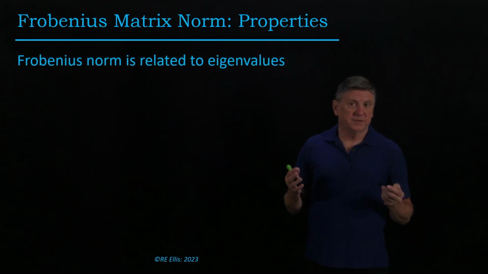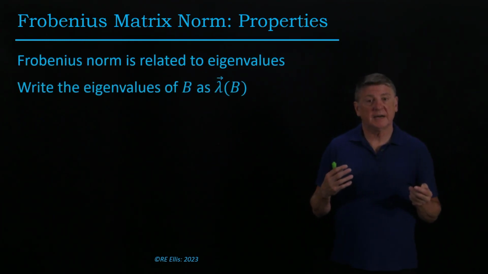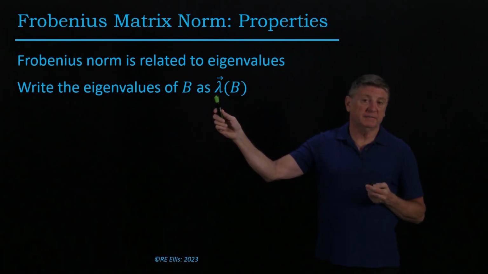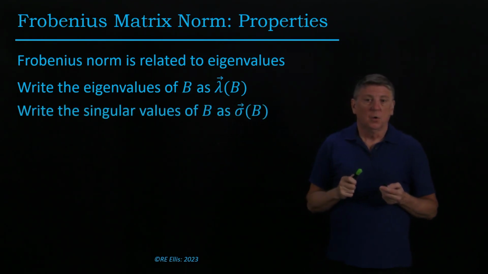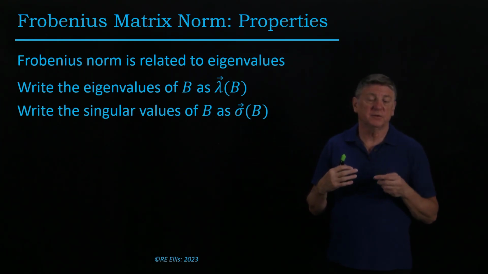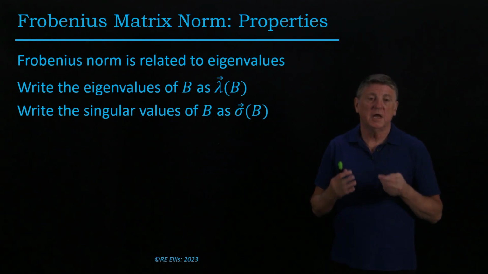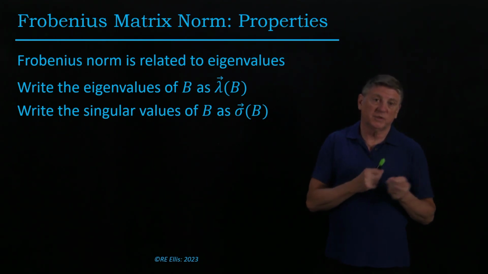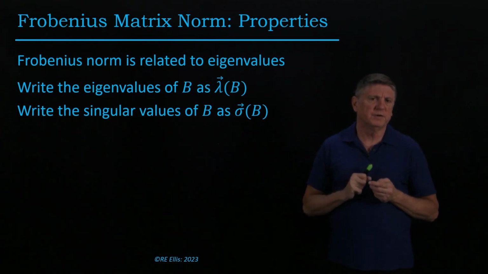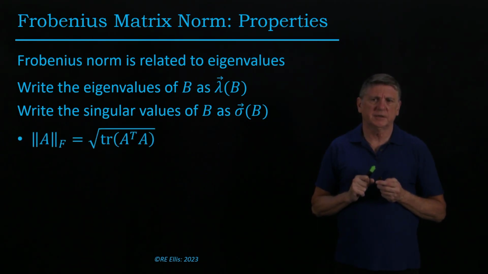Here are some properties of the Frobenius norm that are related to eigenvalues. Let's say that we have a matrix B and we write all of its eigenvalues as a vector. Well, we can also write the singular values this way. So singular values are from the singular value decomposition that we'll look at in a little more detail in a subsequent session. But let's just recall briefly these singular values.